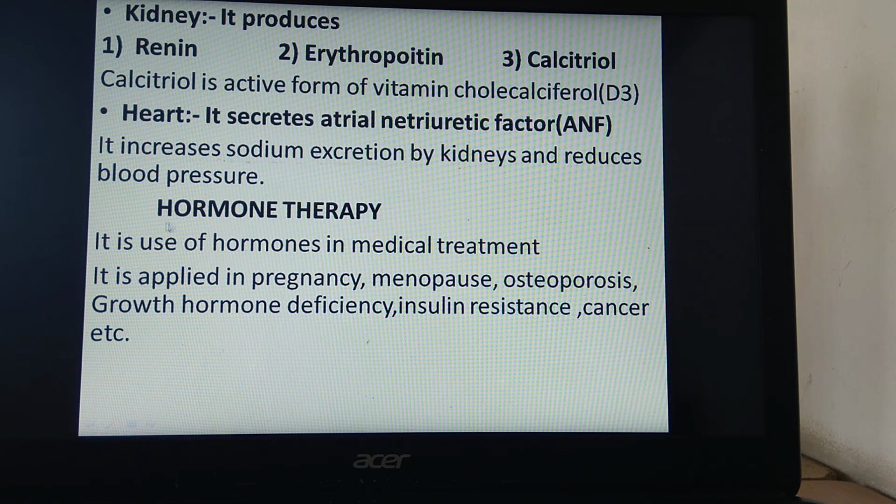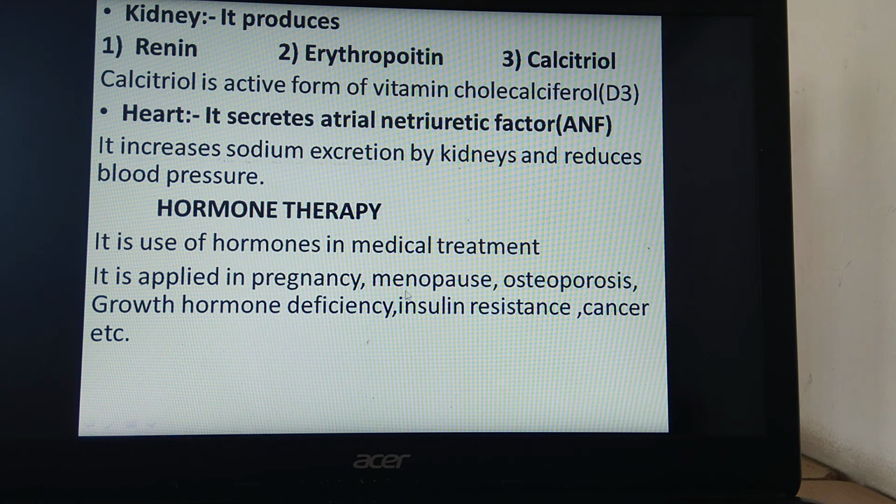The last heading here under the topic endocrine system is hormonal therapy. Therapy means what? Therapy is a treatment. So it is the use of hormones in medical treatment. In which disorders is this hormonal therapy used? It is used in pregnancy, menopause, osteoporosis, growth hormone deficiency and insulin resistance, as well as in treatment of cancer.